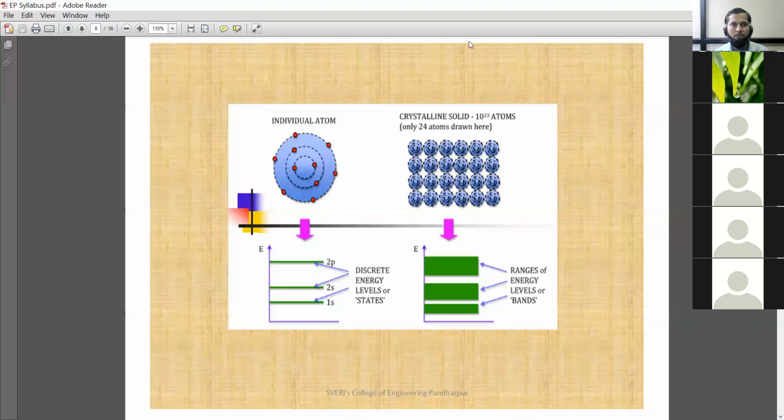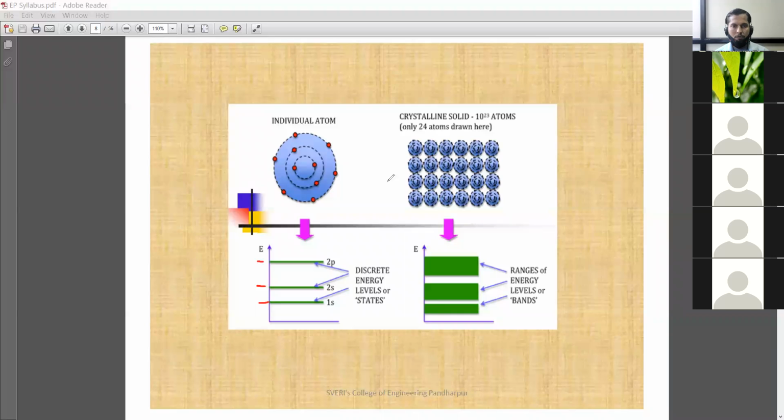Let me show you something by drawing. Now you can see these are the energy levels for a single isolated atom. Solids are nothing but a group or bunch of atoms.